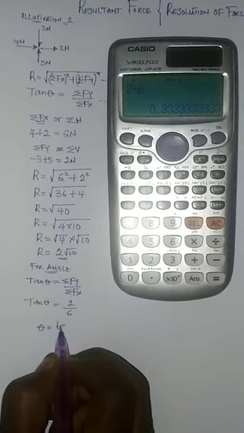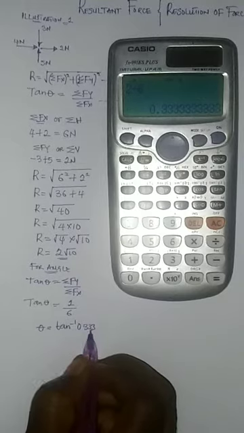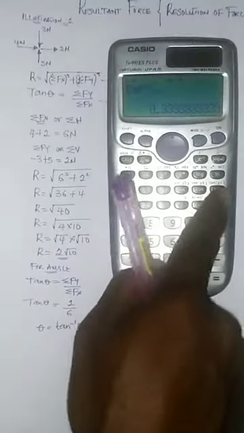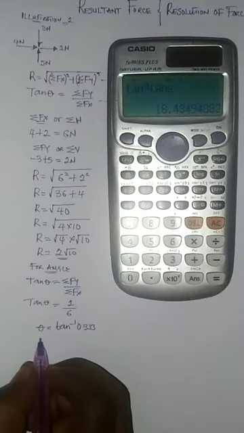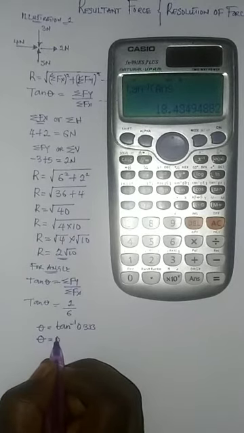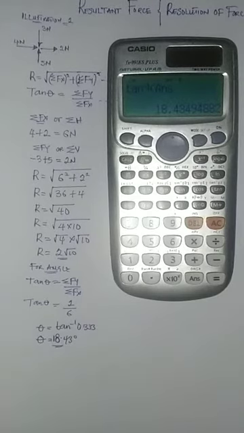So theta is tan inverse of 0.333. You press shift tan, the tan inverse of the answer that you have, and we have 18.43. So my theta here is 18.43 degrees.